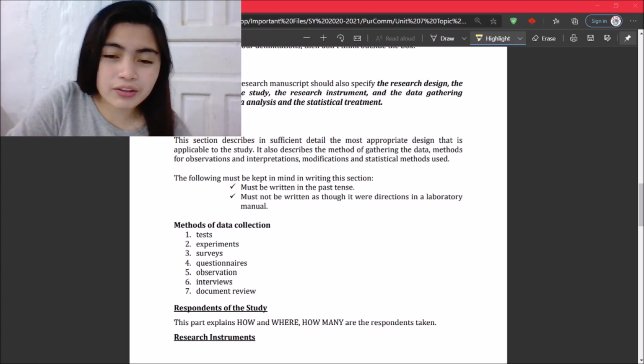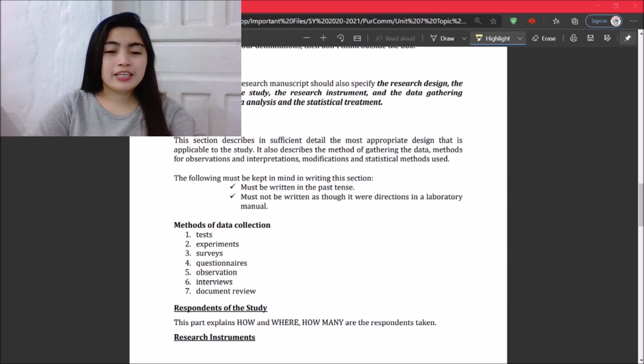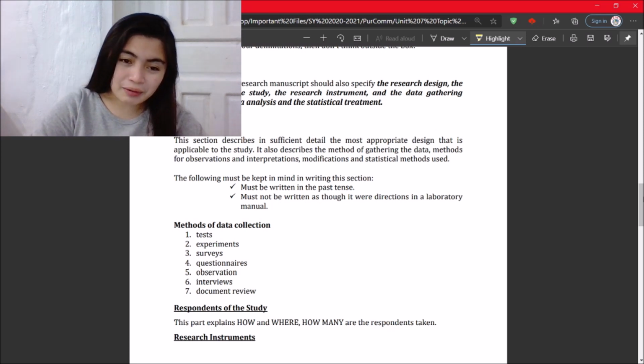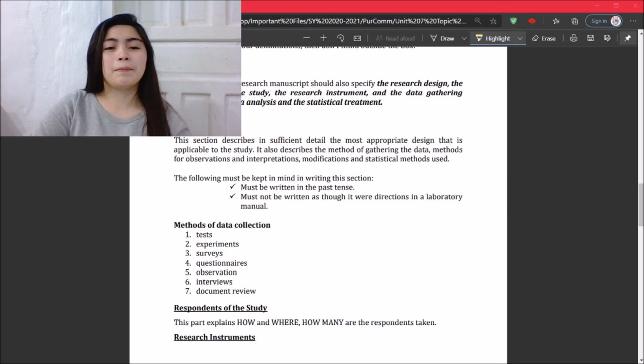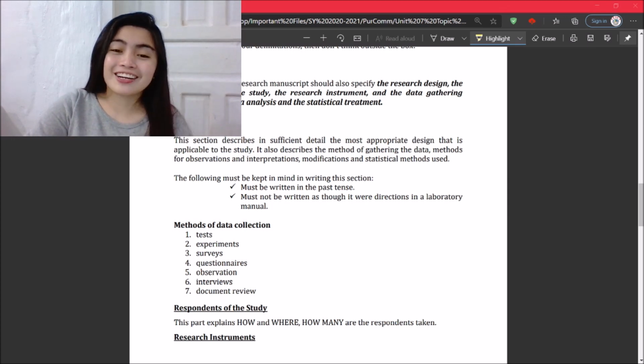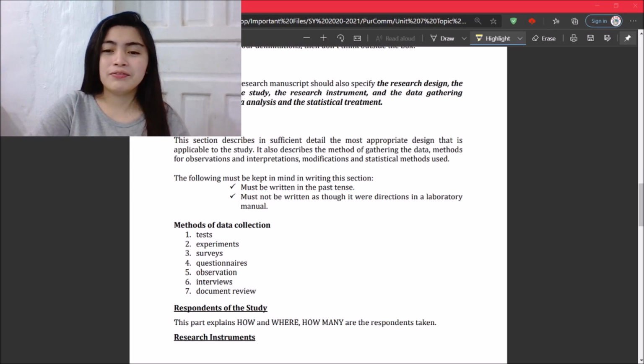Chapter 3, we have the research methodology. So, yan. Research design. So, sabi dito kanina, it must be written in the past tense, must not be written as though it were directions in a laboratory manual. So, ayan. Tingnan natin kung na-follow ba namin yan. In this study, the researchers used, yan, past tense, descriptive, comparative research design.